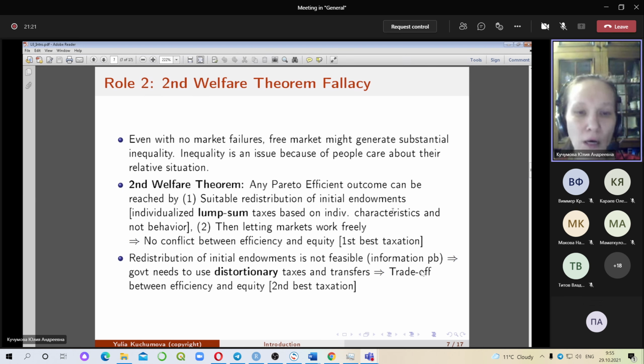Therefore, the correct efficient outcome cannot be reached by the market, and we might want the government to intervene to move us to a different outcome that might be more reasonable from the equity perspective.